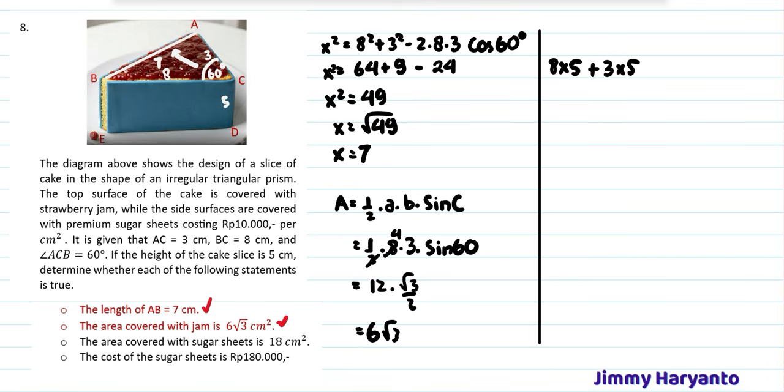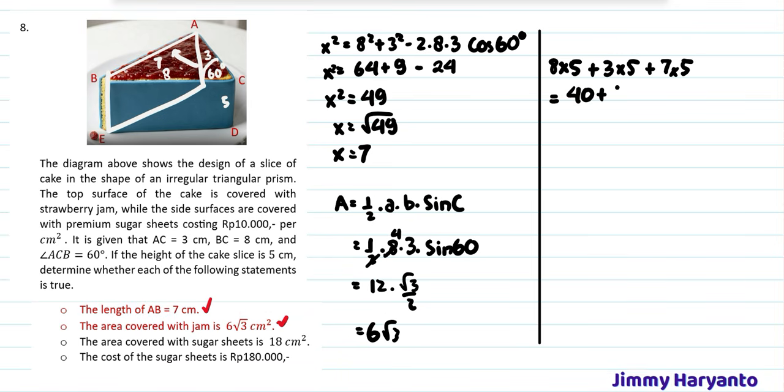And then next is to find this area. That area is plus 7 times 5. Okay, so the total area is 40 plus 15 plus 35 equals, this one 50, 90. It says 18, so this one is not correct.